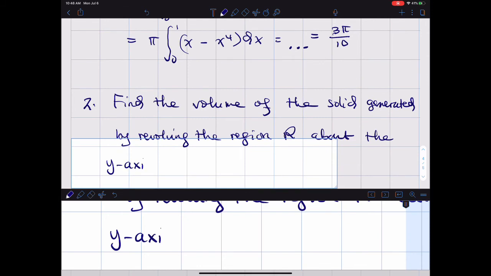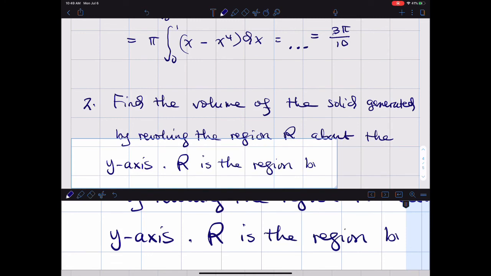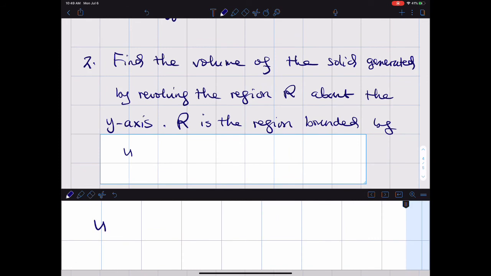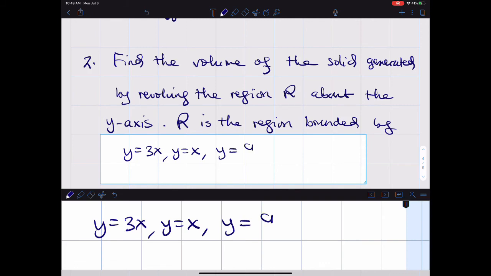The y-axis this time. All right. Here, R is the region bounded by y equals 3x, y equals x, and y equals 9.